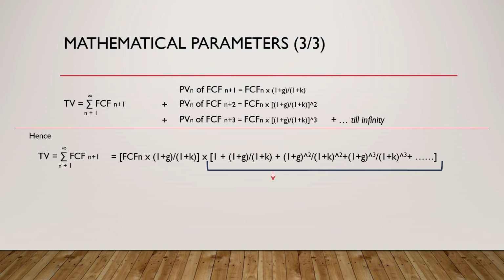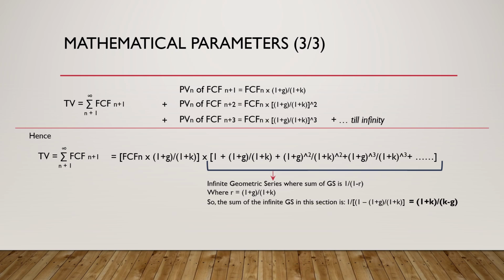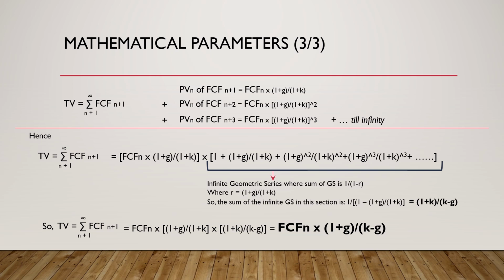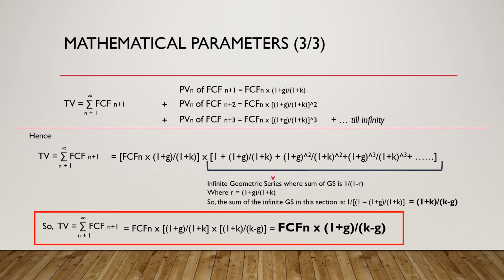Applying the formula for the sum of a geometric series, we find that the entire series is equal to (1 plus k) by (k minus g). And so the terminal value works out to FCF n times (1 plus g) by (k minus g).